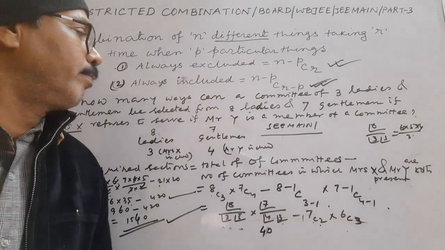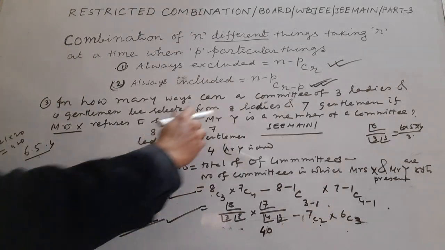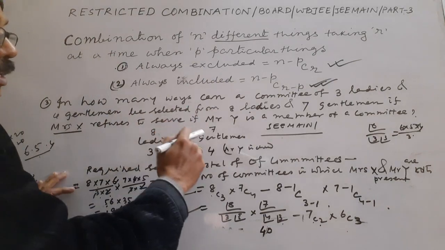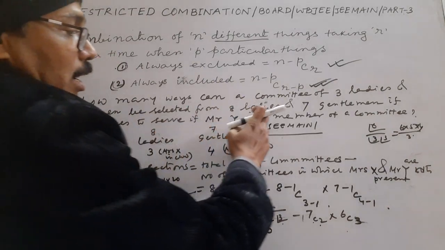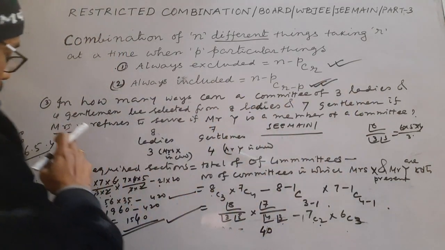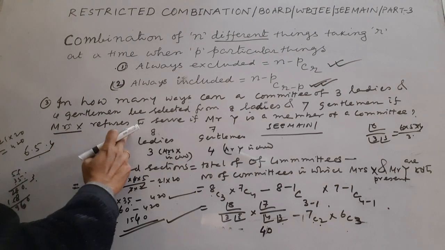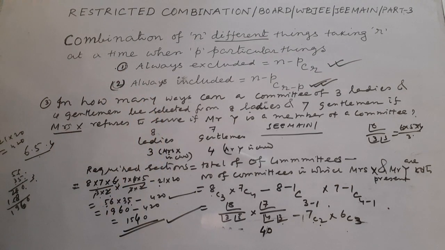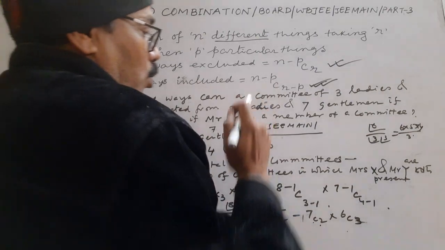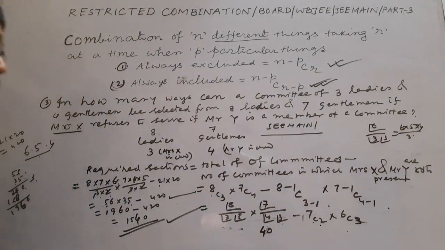So listen again. In how many ways can a committee of 3 ladies and 4 gentlemen be selected out of 8 ladies and 7 gentlemen, if Mrs. X refuses to serve if Mr. Y is a member?